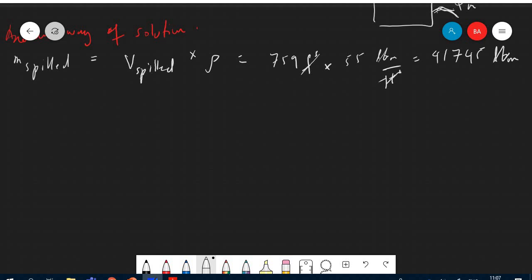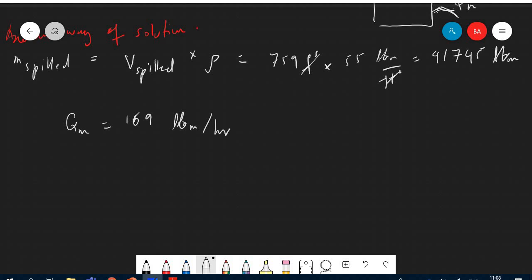So if that was the value of M spilled, what about QM? We already calculated QM, and the QM was about equal to 169 pound mass per hour.